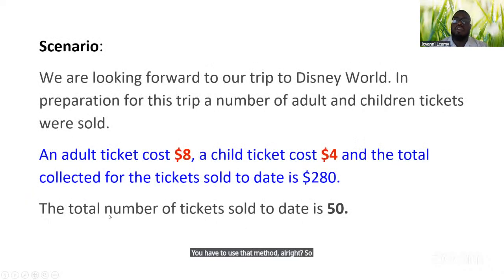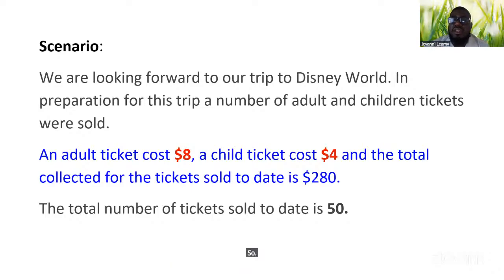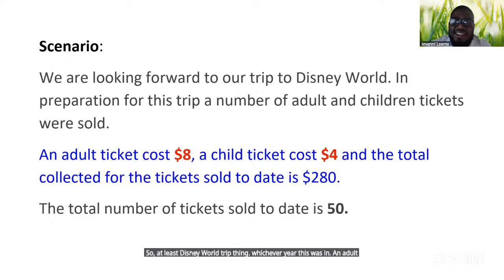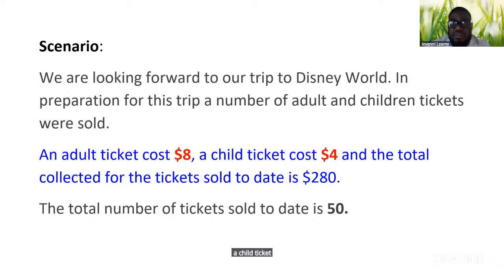All right? So you're planning a trip, you're an event planner or a trip planner. You want to go to Disney World. So in preparation for this, you want to get adult and children tickets. At this Disney World trip, whichever year this was in, an adult ticket costs $8. A child ticket costs $4.